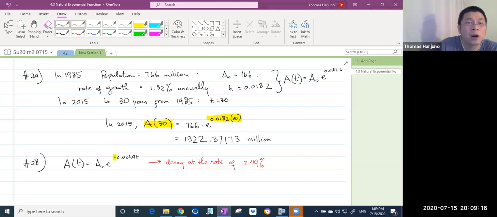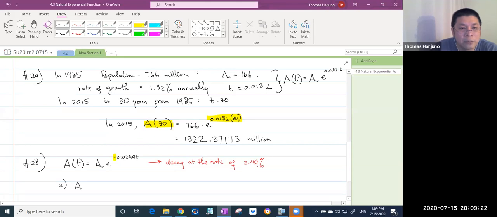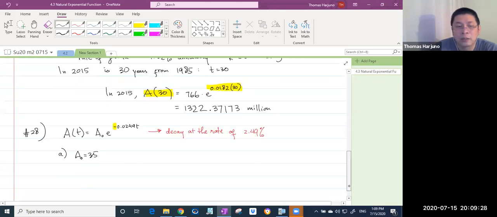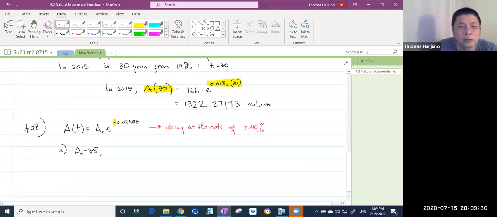Okay, then part A. They ship 35 units, and it takes 2 days for that to arrive. Now then, how much tracer is left by the time the tracer arrives?